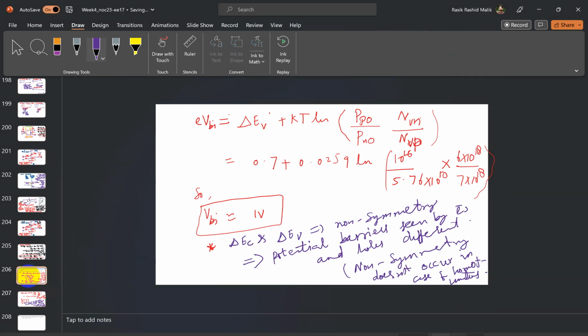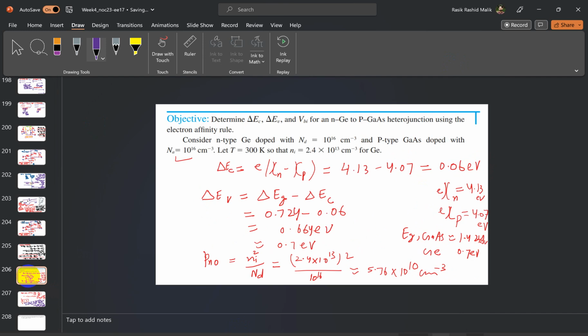So this solves this question, delta EC, delta EV and VBI.